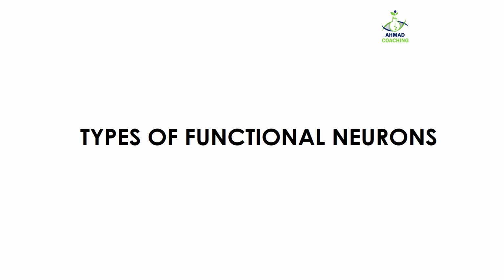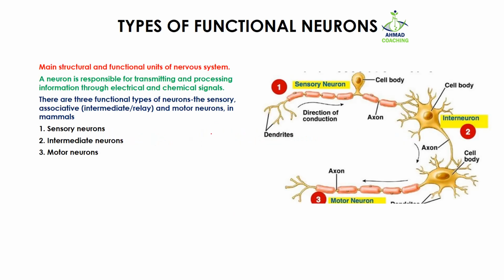Today we are going to study about types of functional neurons. In my last lesson I told you that neurons are the structural and functional units of the nervous system. It means the nervous system is not only made up of neurons, but all the functions in the nervous system are also controlled by neurons.